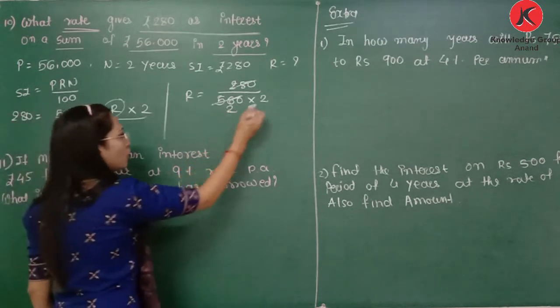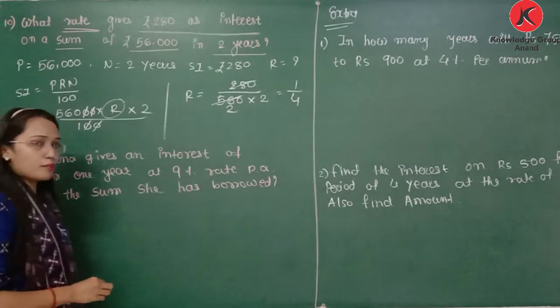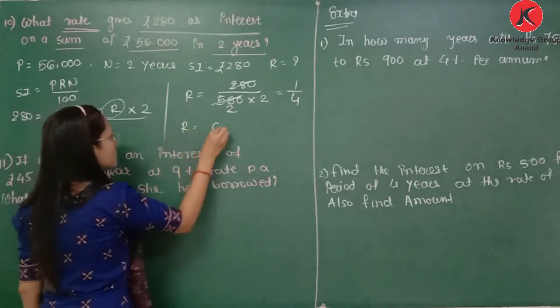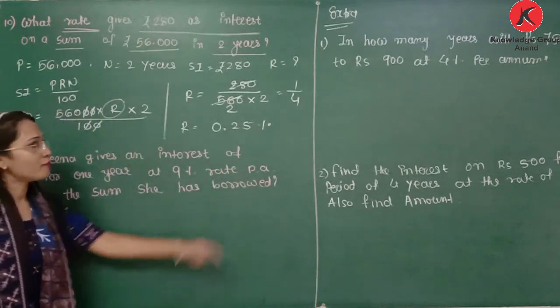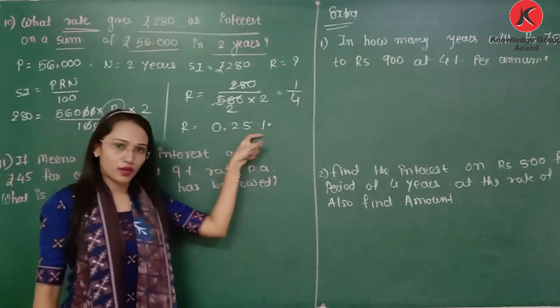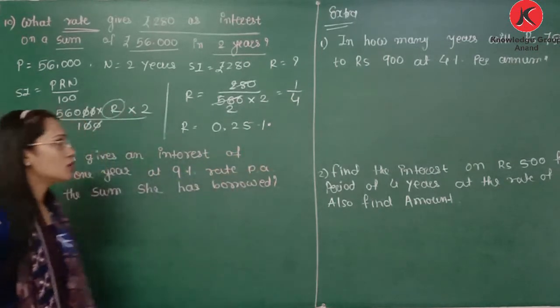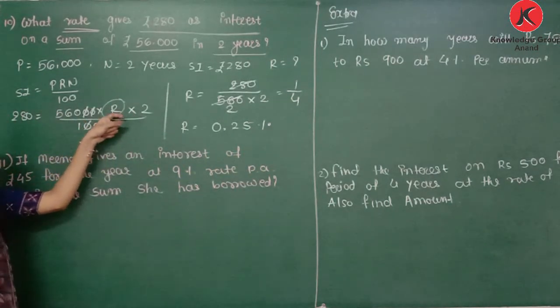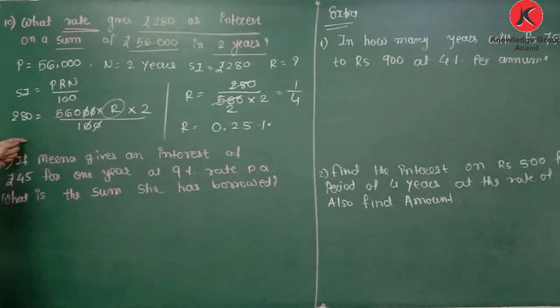So in the denominator we get 2, so 2 to the 4. Rate of interest is 1 by 4. So you can write it as 0.25% per annum. 1 by 4 means 0.25. You can give the answer as 1 by 4, then it is also correct. So to find R, we need to take this 560 and 2 into the denominator.